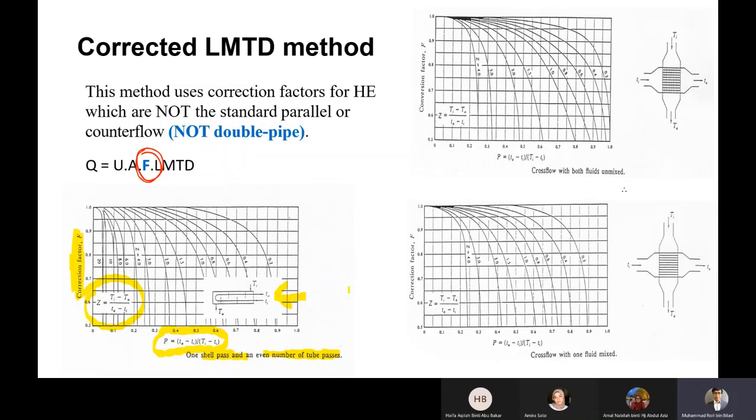And lastly, we have cross flow with one fluid mixed. So the same thing: we need to find F and use it in this equation. To get F, you need to find Z and P, exactly the same as for the other types of heat exchanger.